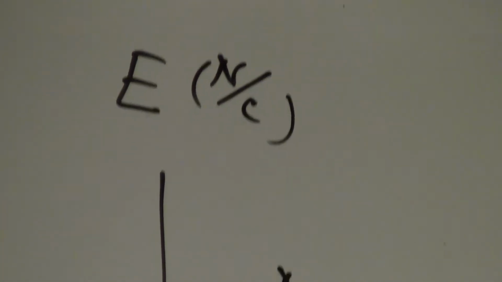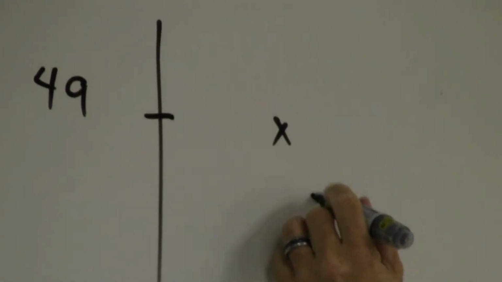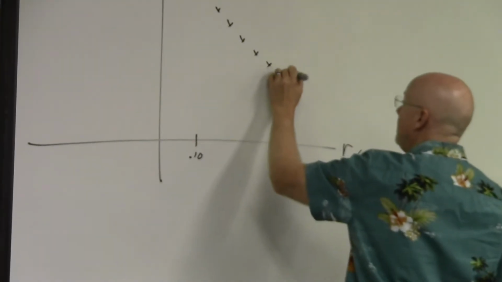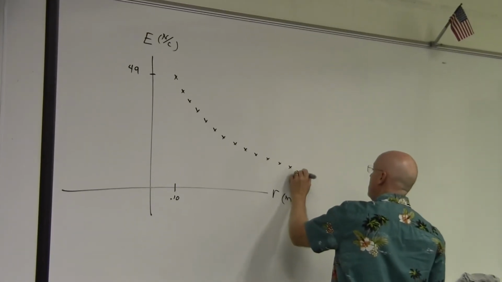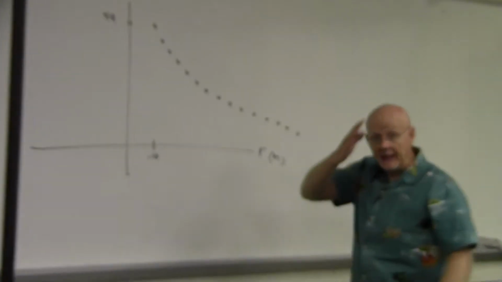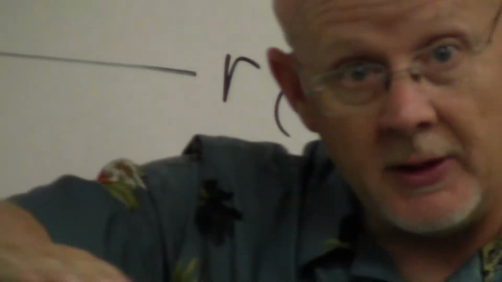And looking at our data, that's going to be way up here at 49. And so the biggest one we will have is a 49. But hopefully your data will begin to look like something that has that inverse relationship, the inverse of the square.